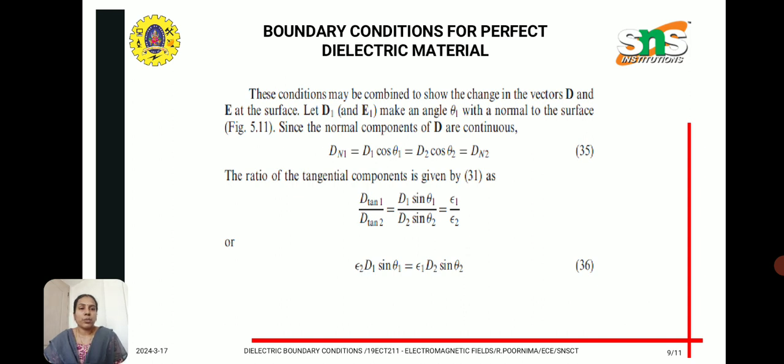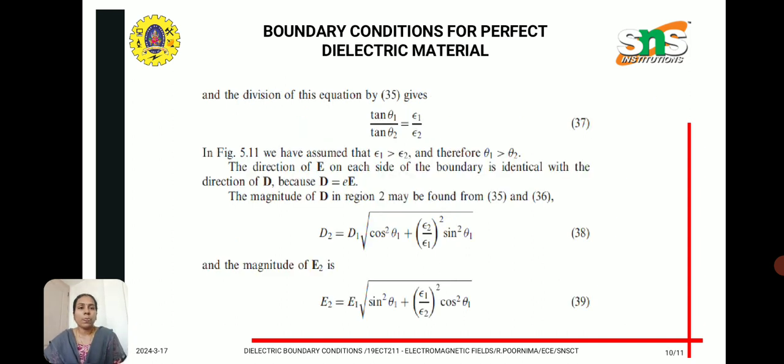From this we obtain the relation between flux density and permittivity values: tan theta 1 divided by tan theta 2 equals epsilon 1 by epsilon 2. This gives the relation between incident and refracted angles, and the magnitude of D can be found using this relation, and also the magnitude of E2, the electric field intensity, can be found.